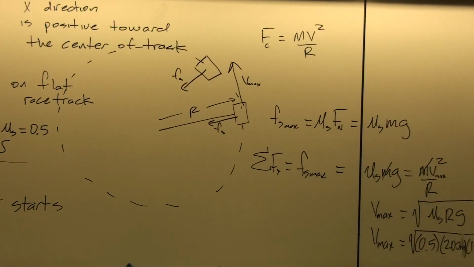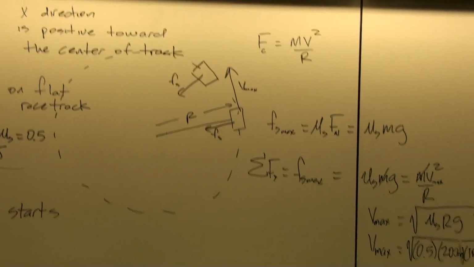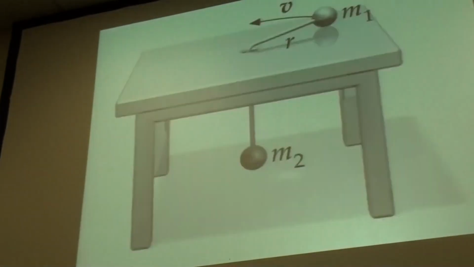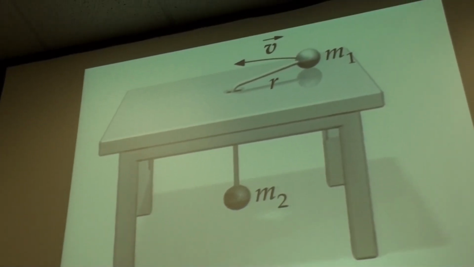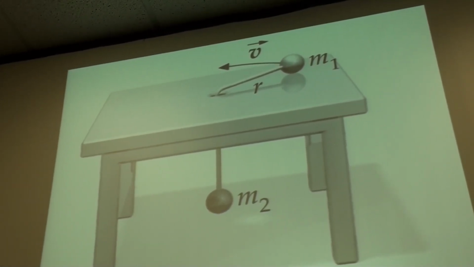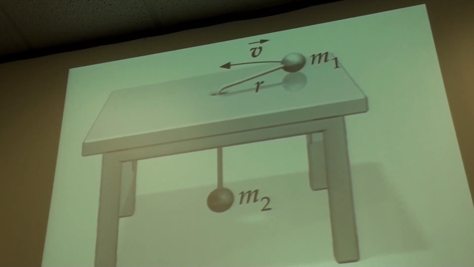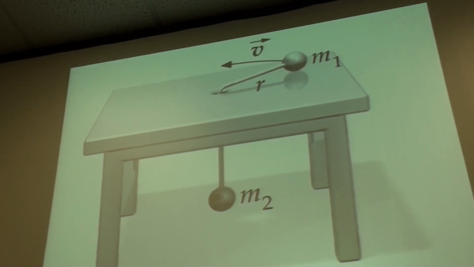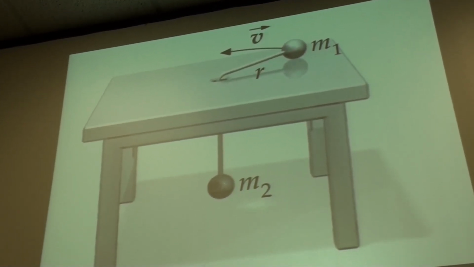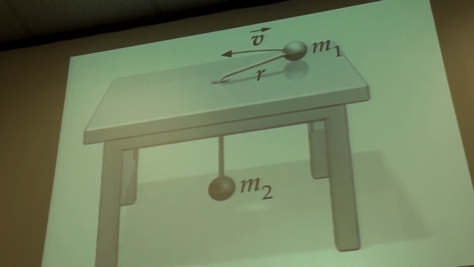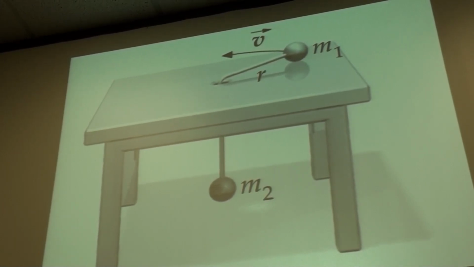Let's try another example now. You can look up at the data projector. In this next example, let's say that we have a mass which is spinning around in a circular path of radius r, and we want to maintain the position of m2.